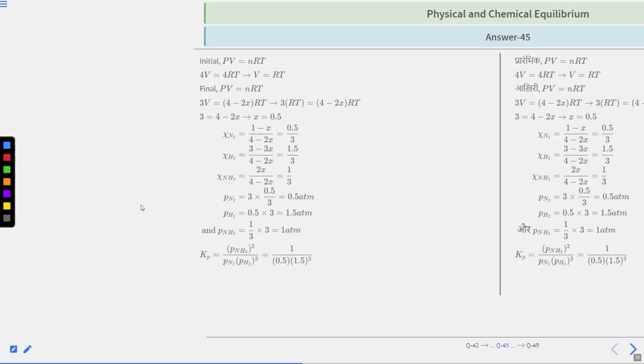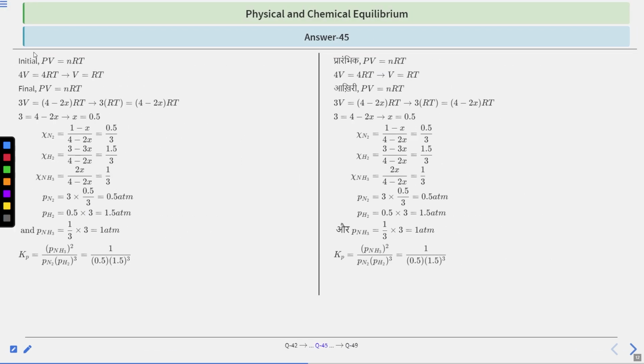So we just put it in the equation. Initially PV equals nRT. So P initial is 4. So 4V equals the total moles initially, which is 4, so 4V equals 4RT, and this implies that V equals RT. Now at equilibrium, PV equals nRT and P will become 3.